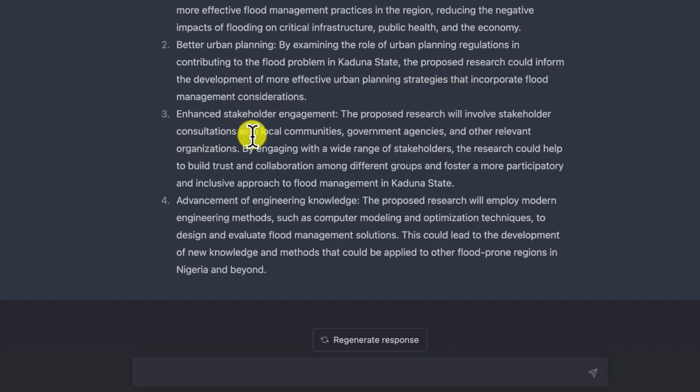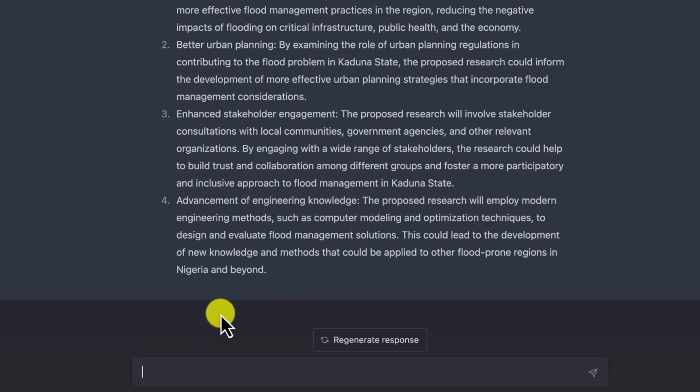So you can see enhanced stakeholder engagement. And then we have advancement of engineering knowledge. Okay, so you can see the proposal employs modern engineering methods such as computer modeling, optimization techniques, and design and evaluation of flood management solutions and all that. And one of the key benefits is that most of the key things it is highlighting are giving us the details of how the whole research relates to engineering.